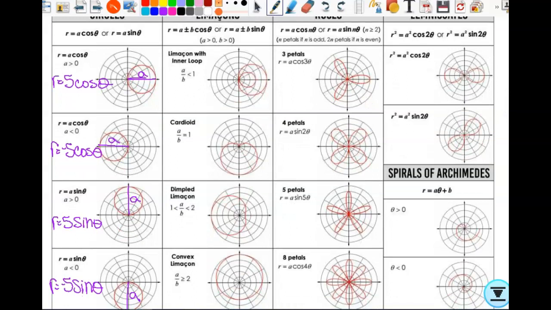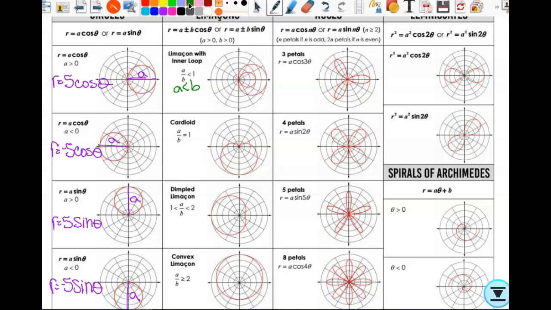All right, so we look at the relationship between a and b. If a over b is less than 1, that means a is less than b. If a is less than b, we get this limacon with the inner loop. And here's how these work.